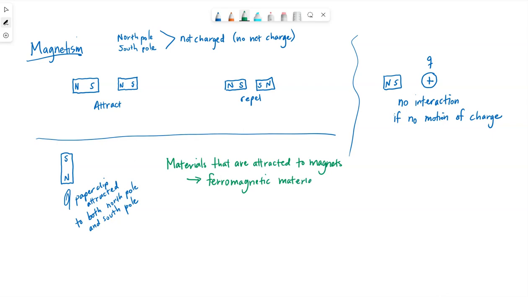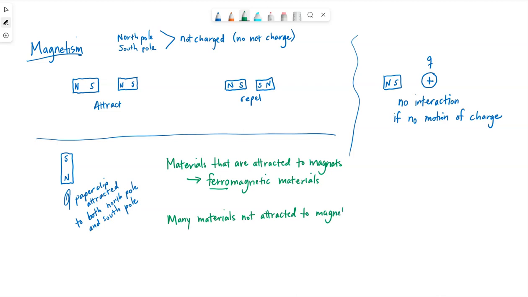Materials that have iron in them often are attracted to magnets, and this prefix ferro means iron, iron-like. Many materials are not attracted to magnets.